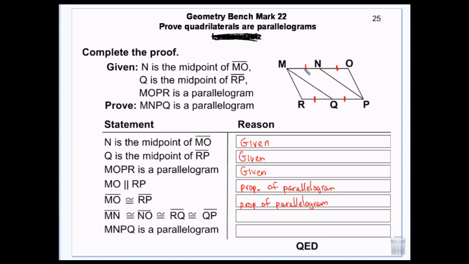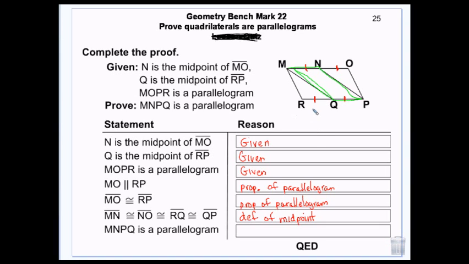Now, MN and NO being the same length and RQ and QP being the same length is because of this midpoint situation. So that's the definition of midpoint. Okay, and now MNPQ, that is this smaller parallelogram inside the larger one.